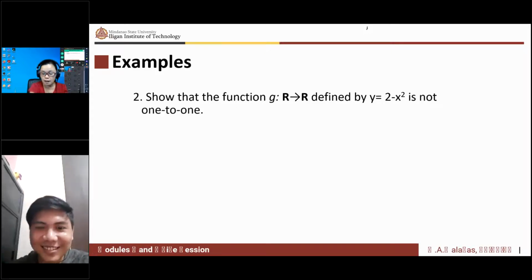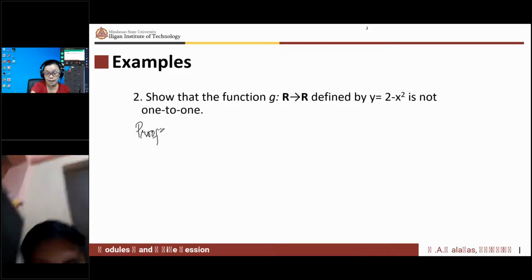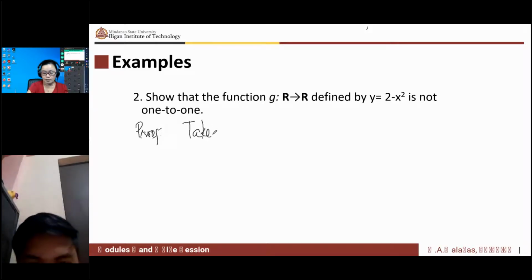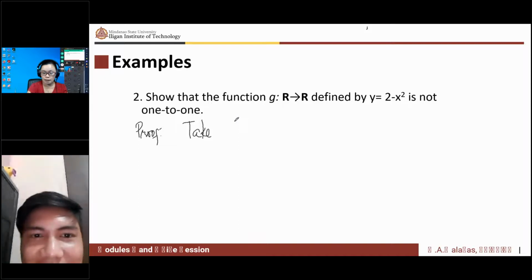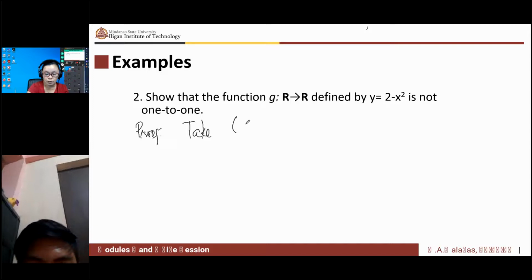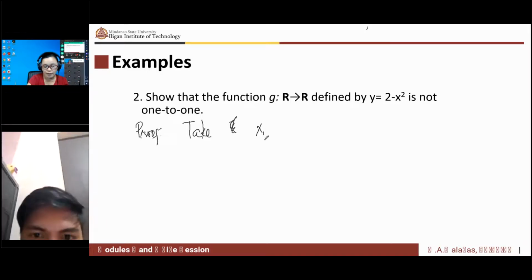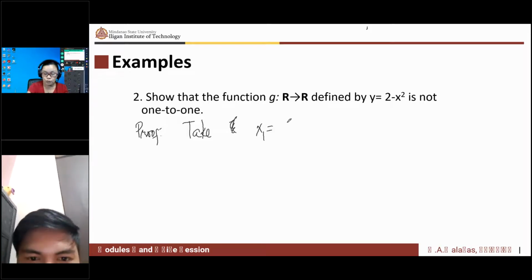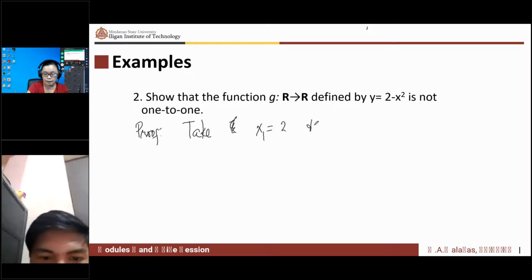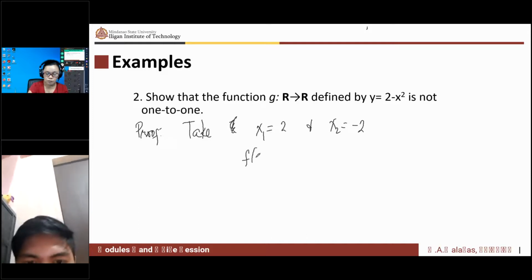We can take x1 equals 2, and then x2 equals -2. So what is f of x1?